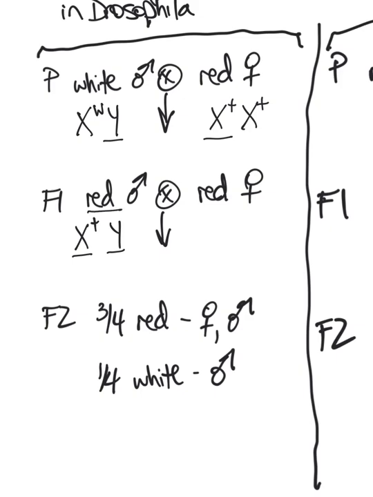The red females are going to get an X from each of their parents. From the parental female, this F1 female will get an X plus, and from the parental male, she would get an X with the white allele. So the F1 females are going to be heterozygous, right?